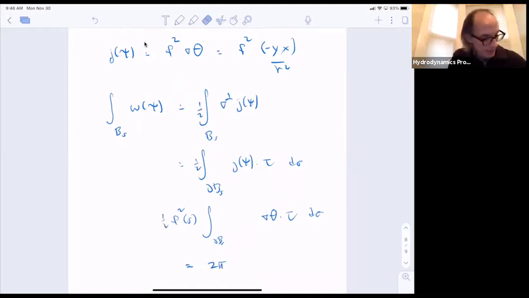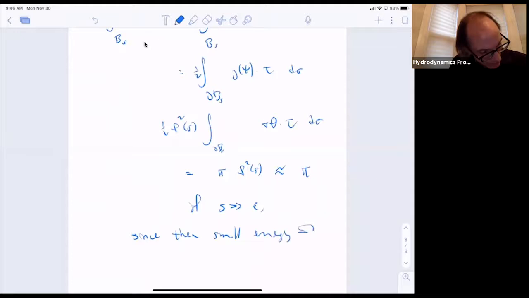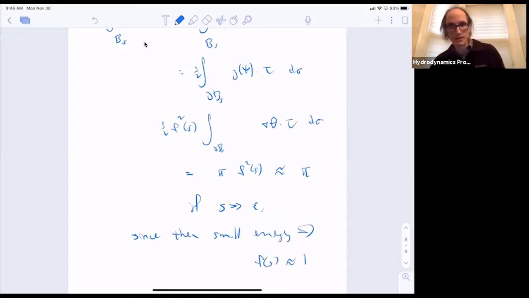So I get a pi times F squared of S, which will be basically pi if the energy is small, because if S is much bigger than epsilon, the small energy implies that F of S is like 1, small being not wildly divergent.